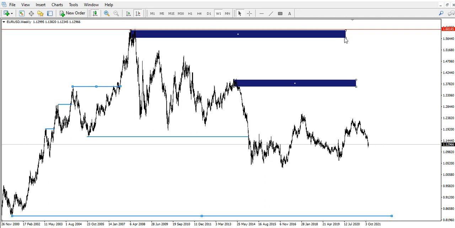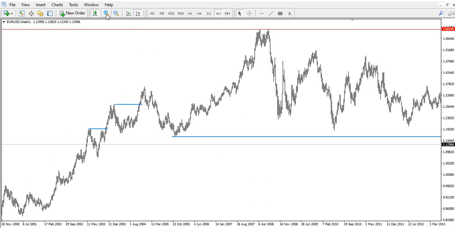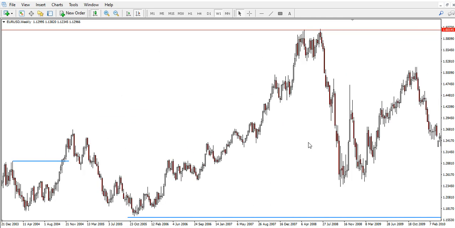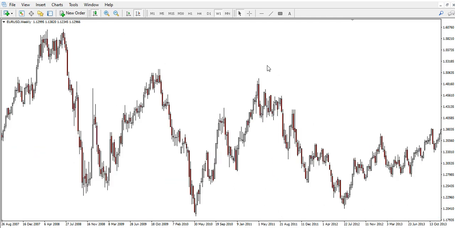Let me delete them. I want to make everything easy and simple, so that you understand everything. Okay, I came up here. I want to delete this thing. So this break of structure here is a shift of market structure.